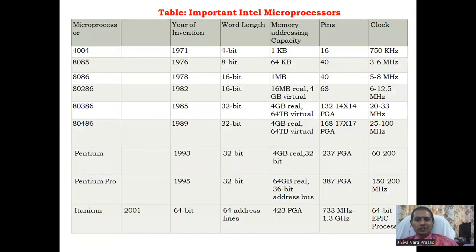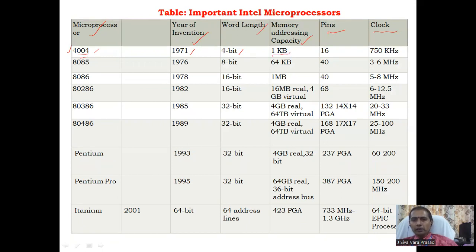So coming to a comparison, let's see what the microprocessor is, when it was invented, what the word length is, how much memory capacity is present, how many pins are present, and what the clock frequency is. This table shows all these things for every processor. First is the 4004 microprocessor. It was invented in the year 1971, and it's a 4-bit microprocessor, where all units are designed for a maximum of 4-bit operation only.